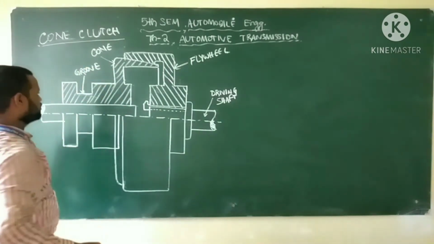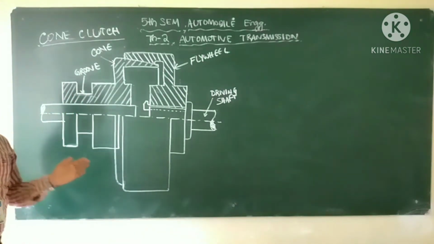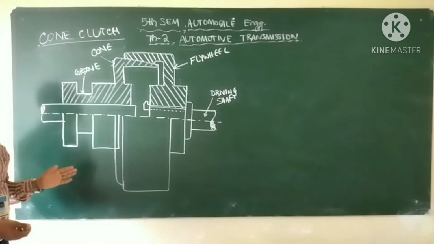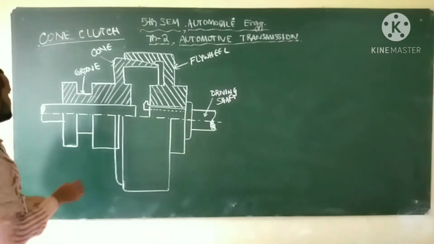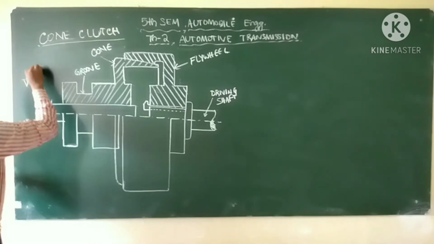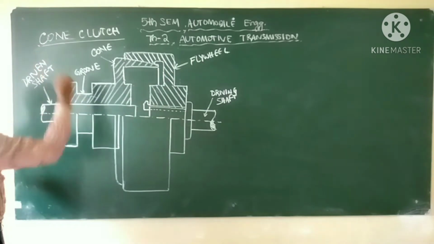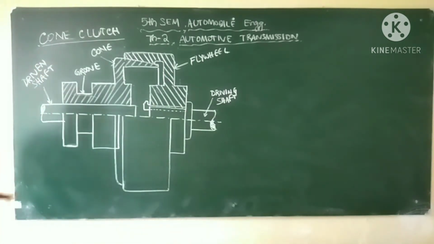This is the groove. By using this groove you will be able to engage or disengage the cone clutch by the lever mechanism, and this is your driven shaft. So these are the main parts of the cone clutch.